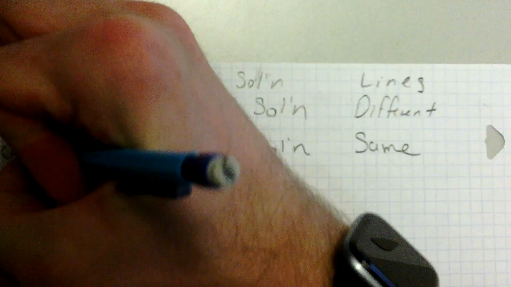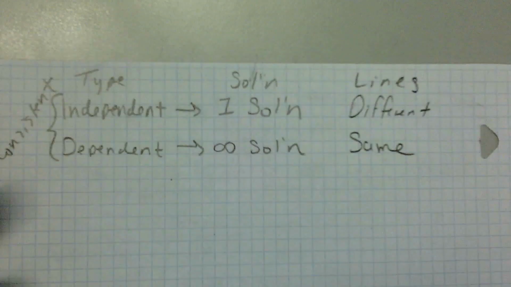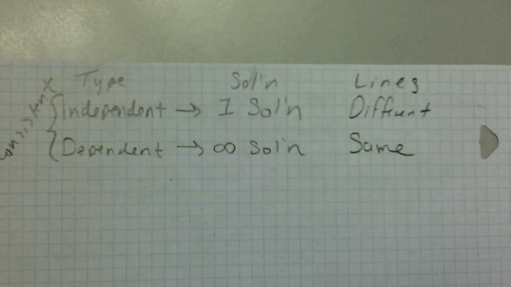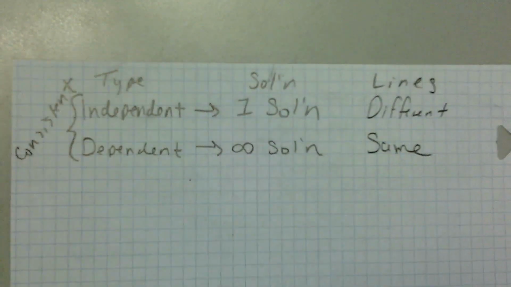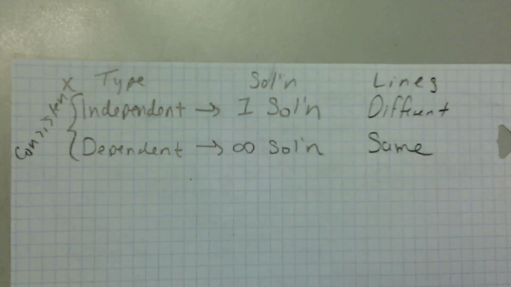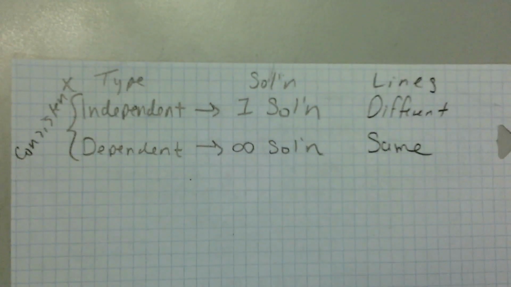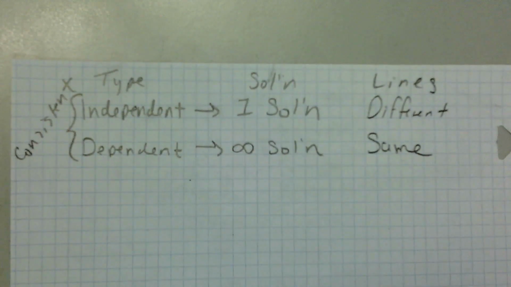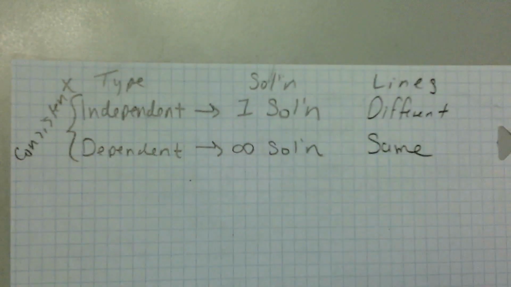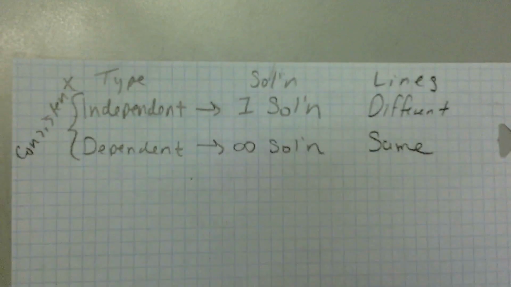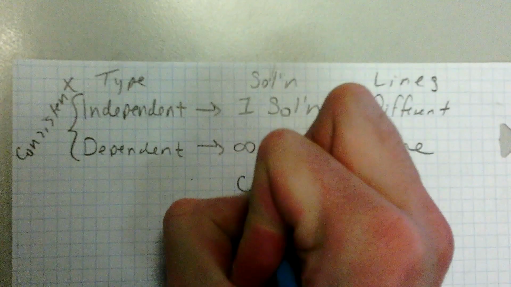So like in the homework, they'll ask you what type of solution do you have? Do we have a case where there are zero solutions?